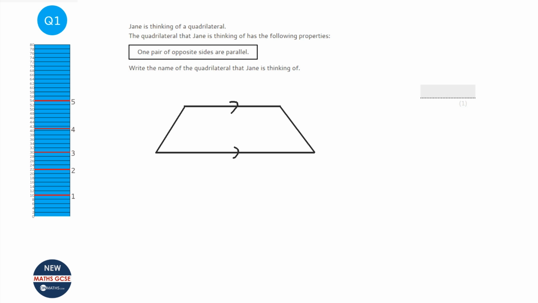There we go. And looking at it now, we know it is definitely a trapezium. And that's the only definition of a trapezium, is one pair of opposite sides are parallel, and obviously it's got four sides because it's a quadrilateral.